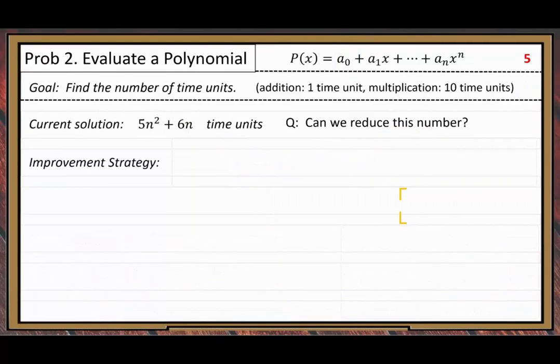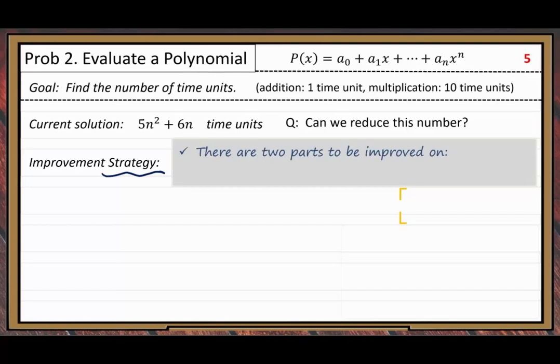Improvement strategy. Here we need to consider another problem-solving strategy. You can see in this class, when we do problem solving, we need to apply various strategies. So this is another strategy consideration here.